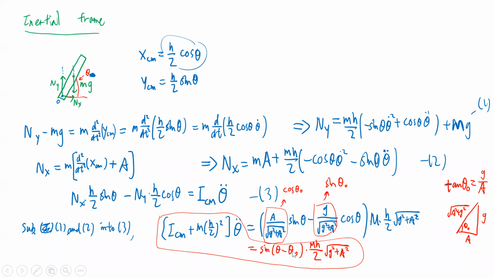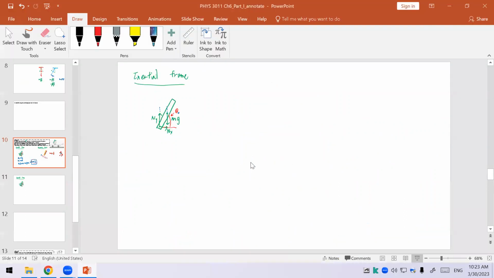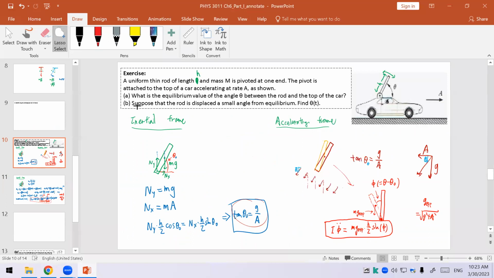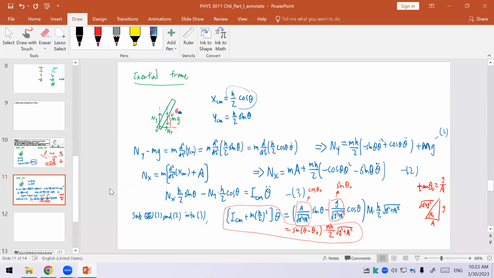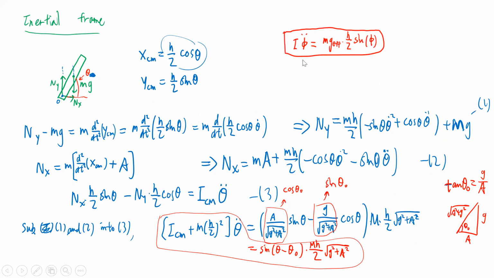And then here I have the g effective. So this phi double dot is just theta double dot, and this sine phi is just sine of theta minus theta naught.